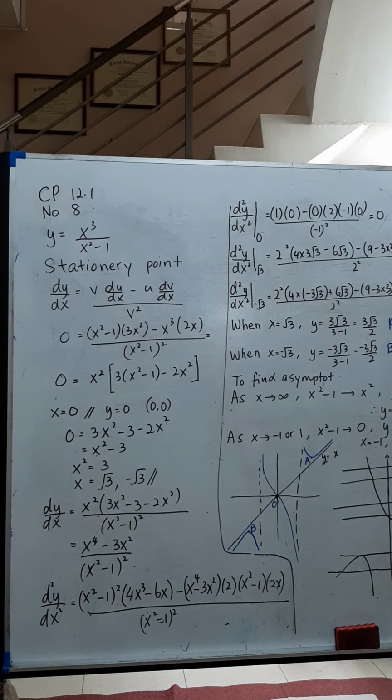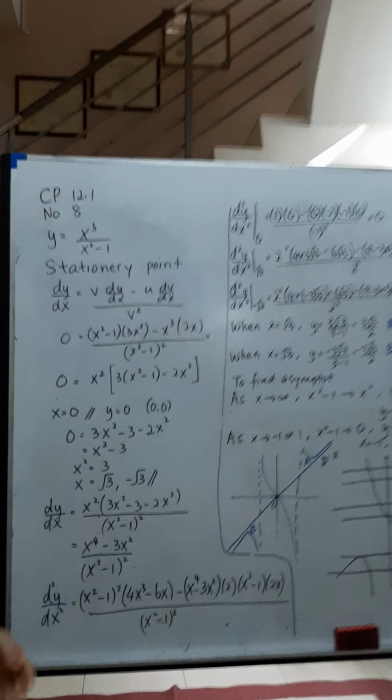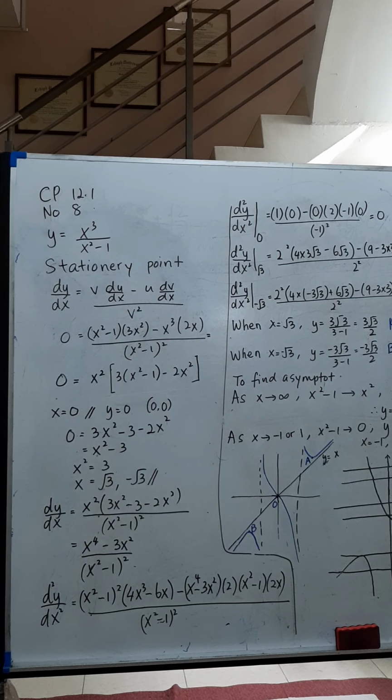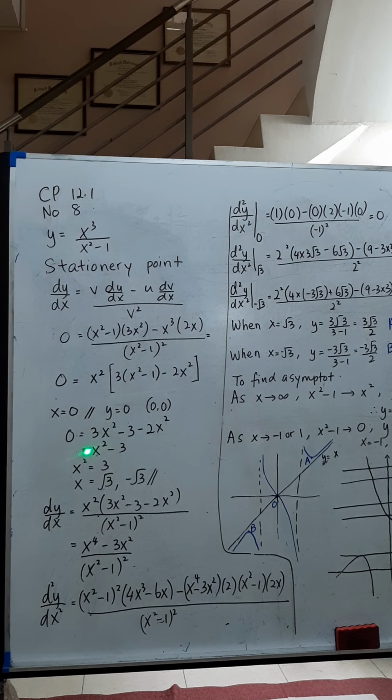So now you want this to be 0. Then you simplify your equation, and your expression is simplified here. You have two answers: x equals square root of 3 and negative square root of 3.